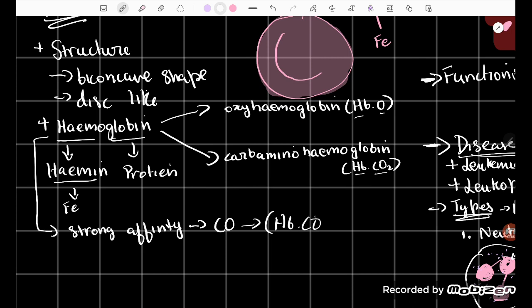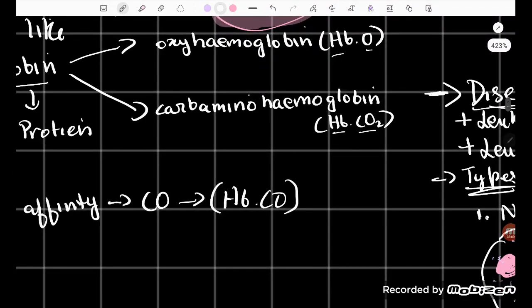All the smokers, that's what happens. Carbon monoxide mixes with the hemoglobin, and since hemoglobin has such a strong affinity for it, it ends up stuck there, and there is no space for oxygen or carbon dioxide to take over.